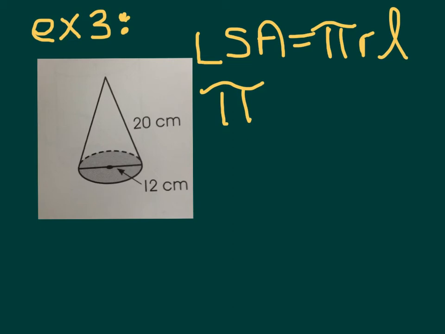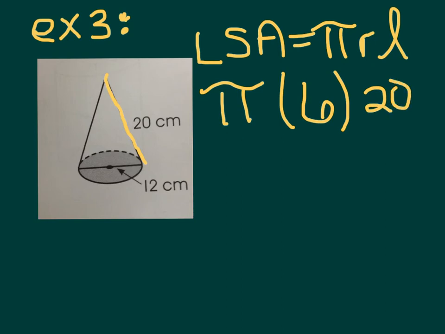That 12 is representing a diameter. It goes all the way through the center. So we have to think, what is the radius if the diameter is 12? So we're going to go ahead and plug in half of 12, which is 6. And then our slant height, that's this leaning right here, is 20.